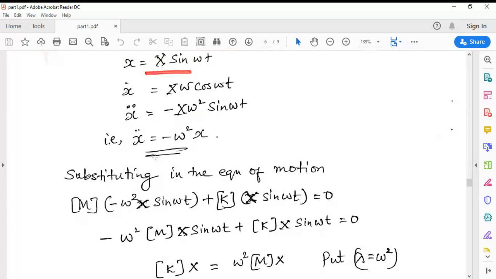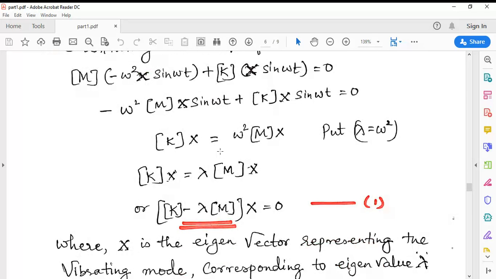I'll substitute for x double dot this expression, minus x omega square sine omega t, plus k into x sine omega t equals 0. Simplify further, you will get the expression kx equals omega square mx.